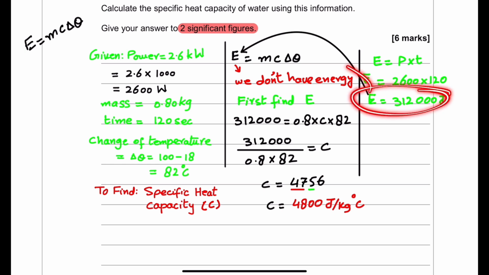We will use this energy in this formula, and we are going to use the mass of water, that is 0.80 kilogram. We are going to use the temperature difference.